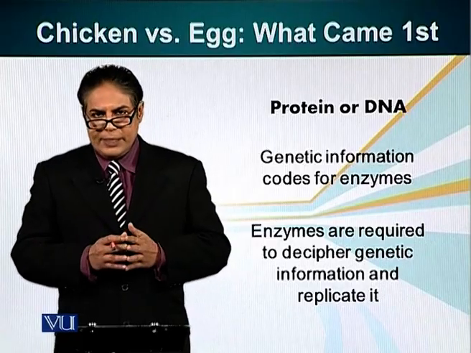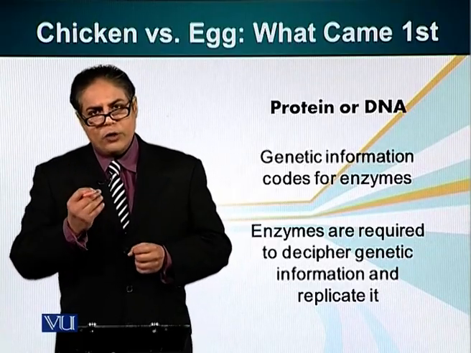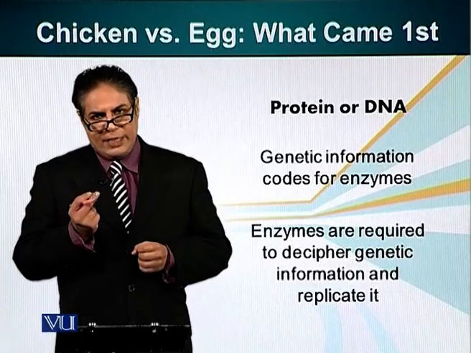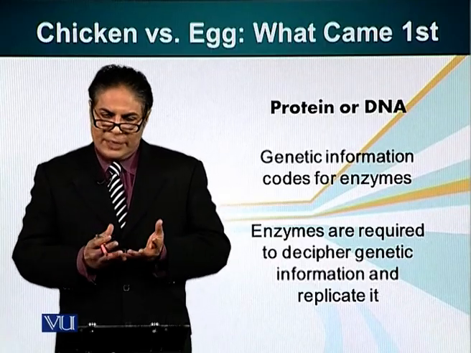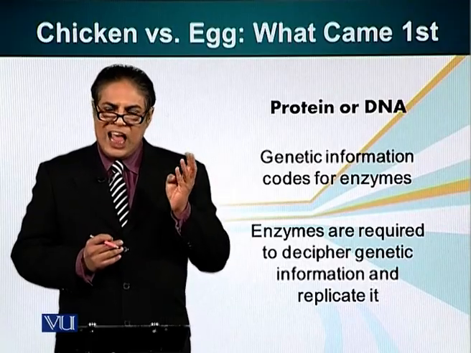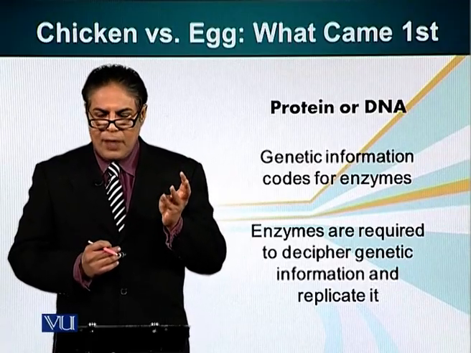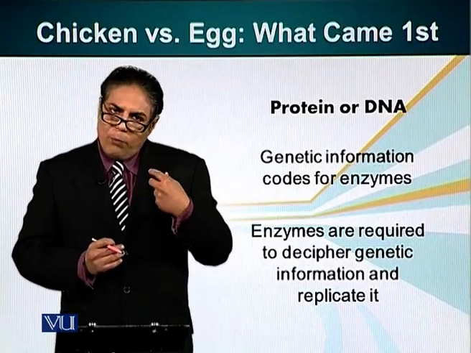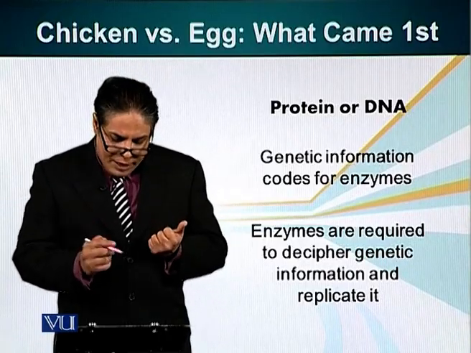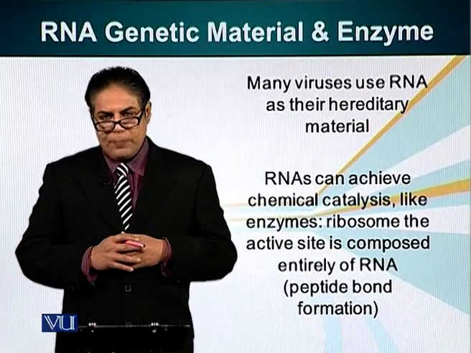So what came first? What we are talking about is that we need two types of activities in order to sustain a living system: genetic information and enzymatic activity. There is another molecule that can perform both these functions. That molecule is the RNA molecule.